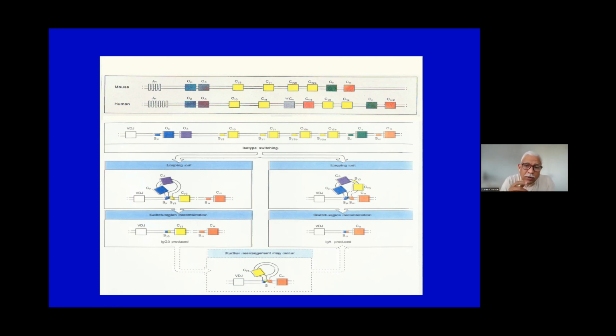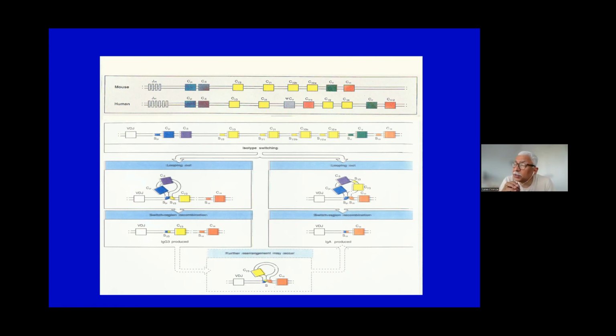First of all, let's start with the first things first. VDJ recombination that you know, right? That we just talked about. And this is the germline sequence. The first sequence that you have is C mu. That's why you make IgM. At the end of IgM is a stop codon, and that's why this B cell will make only IgM.